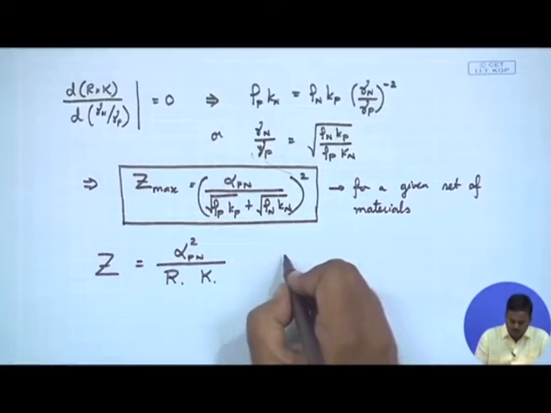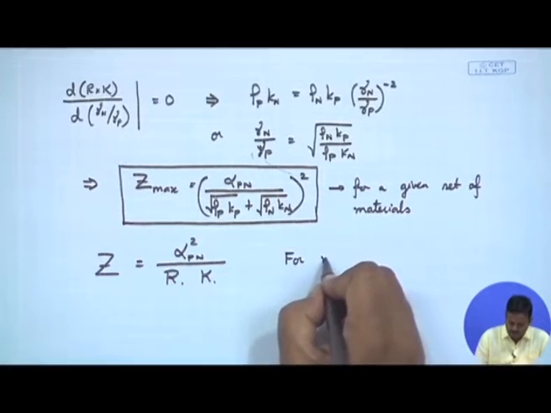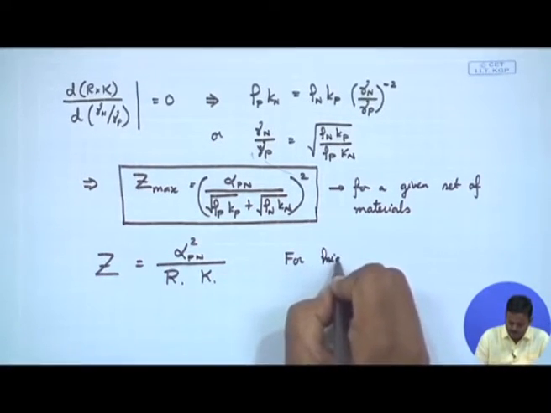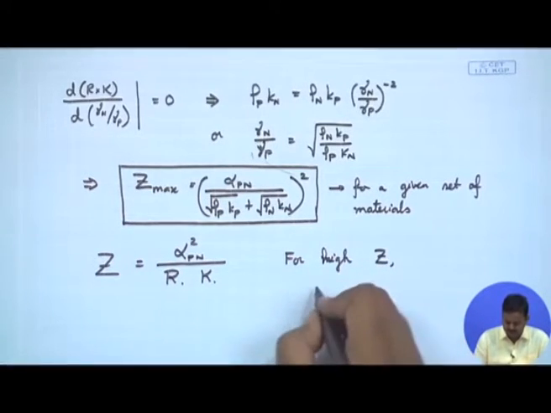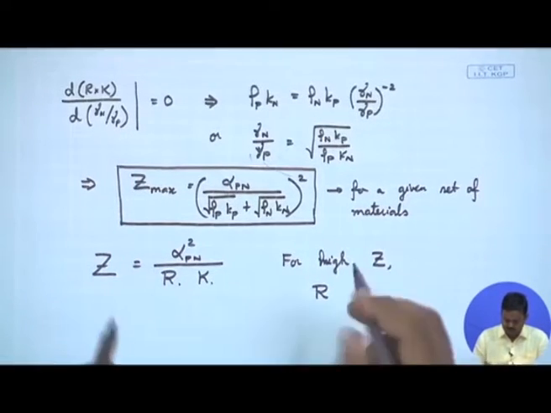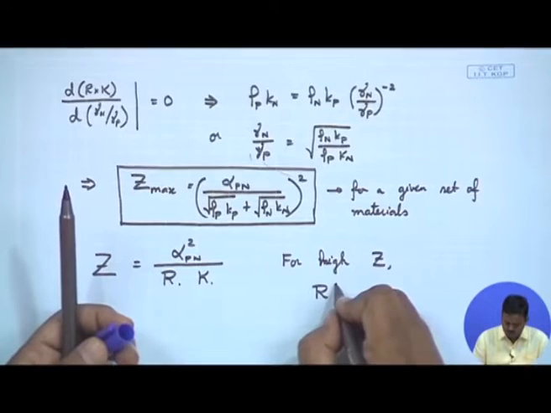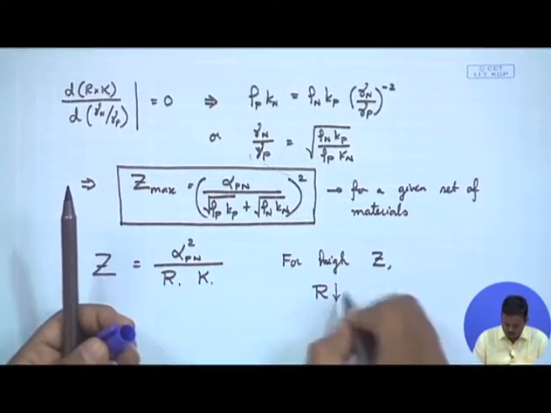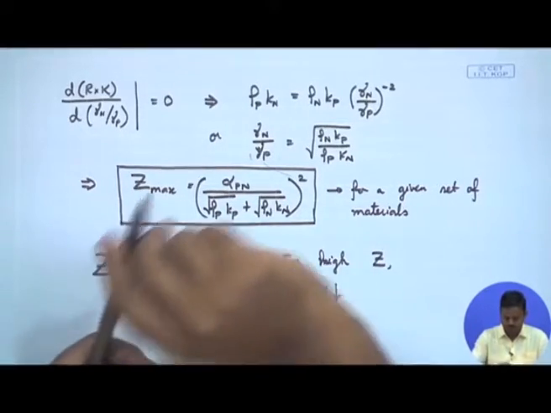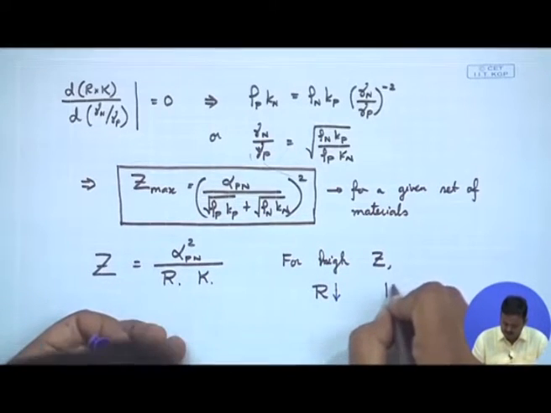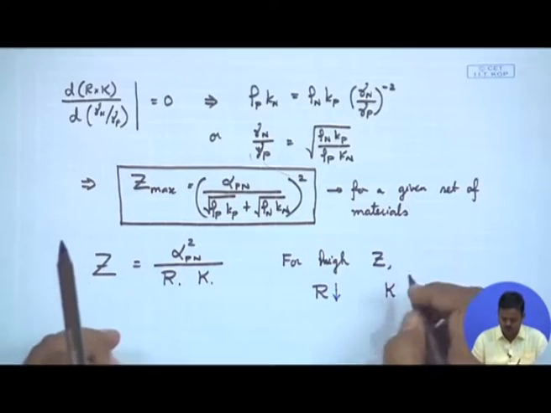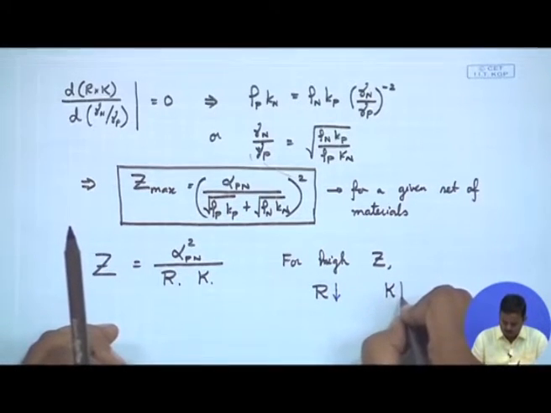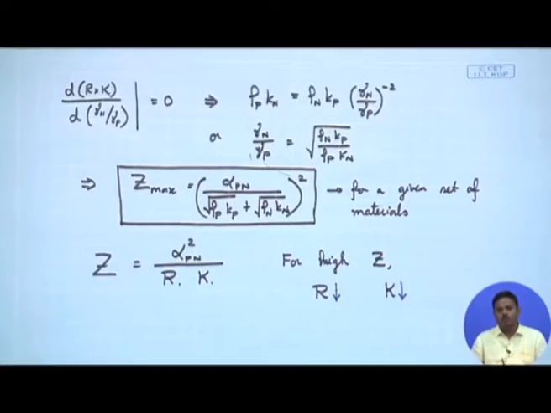So, for a high value of zeta or Z, my R needs to be low and my thermal conductance also needs to be low.